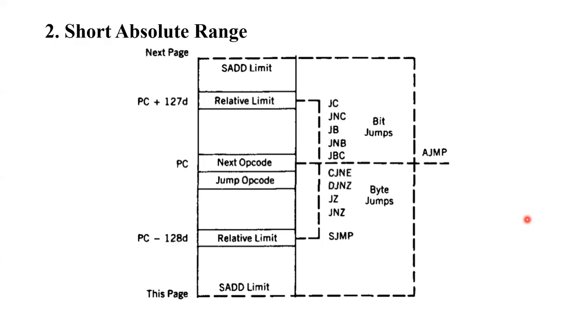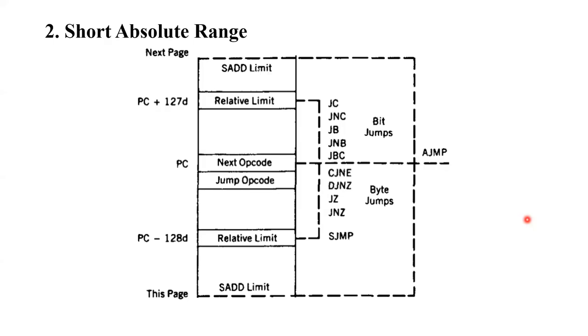But if the jump is to the previous page, to the previous address, then assembling is an issue. As a programmer, we need to take care of those situations. If it is forward, there might not be an issue, but if it is backward, there could be issues with some assemblers. To solve that, the programmer has to take care of it, right?